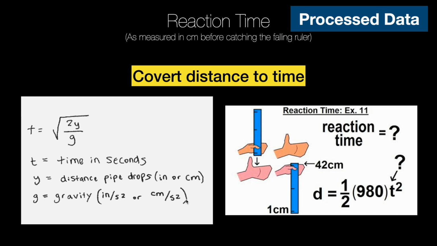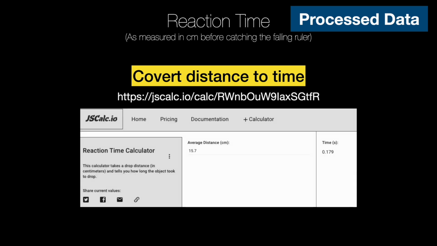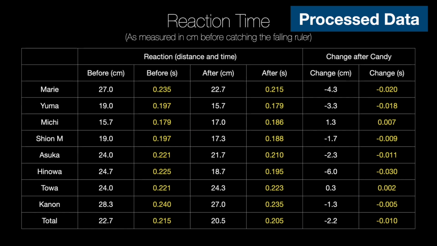The simpler way, in my opinion, would be just to search for some tools that can convert the centimeter, the point where you caught the ruler, to your reaction time. Or maybe just get a tool that can measure your reaction time online, and then you just have to cite your sources or your tools.